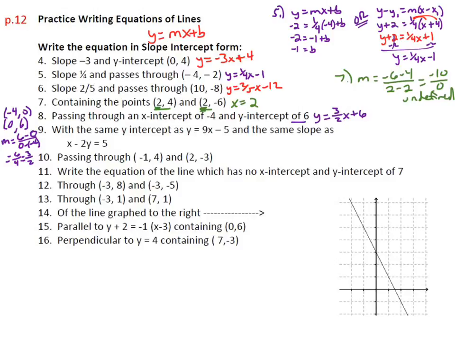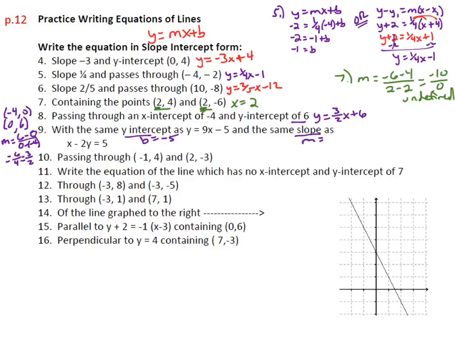For number 9, we're going to start to increase the thought process here. We want the same y-intercept, or the b value, as y equals 9x minus 5. Well, our y-intercept or b value is -5. And then we want the same slope, or m value, as x minus 2y is equal to 5.